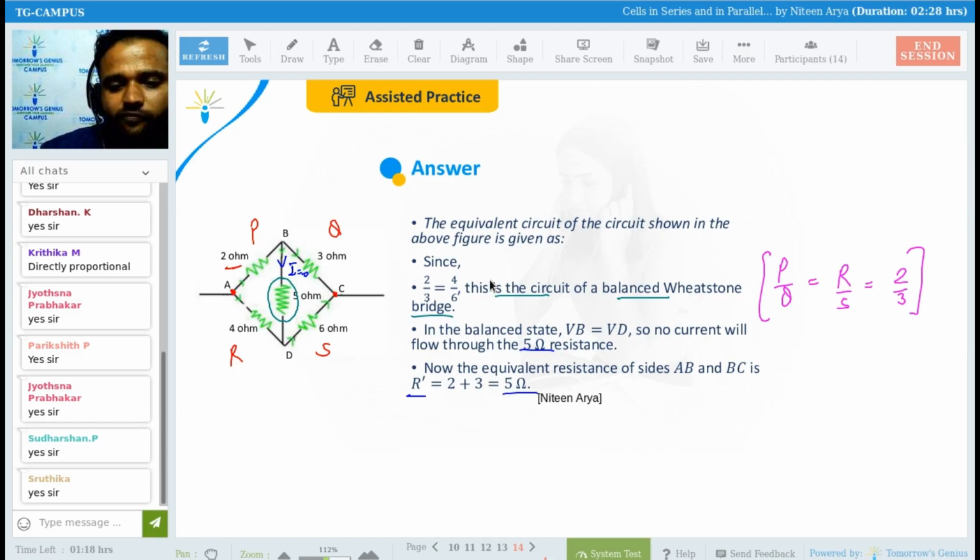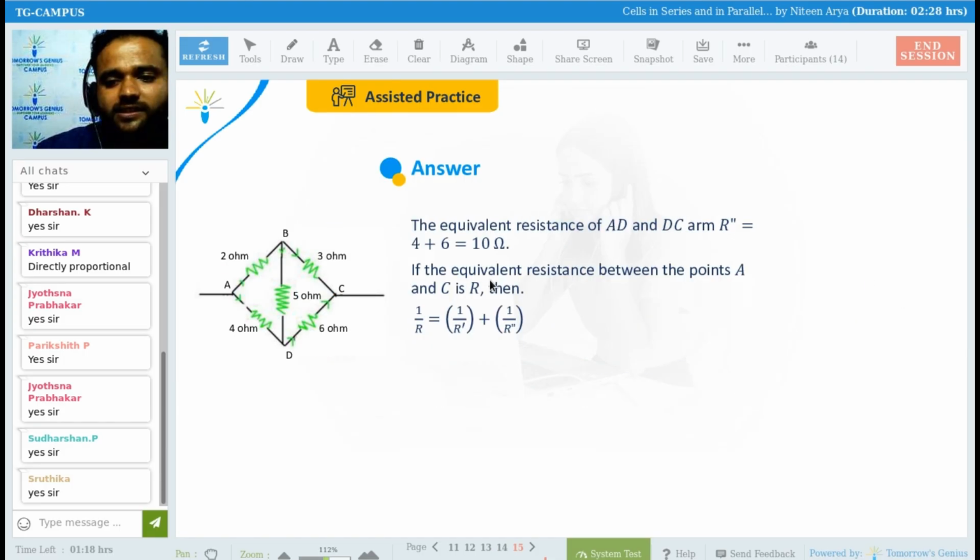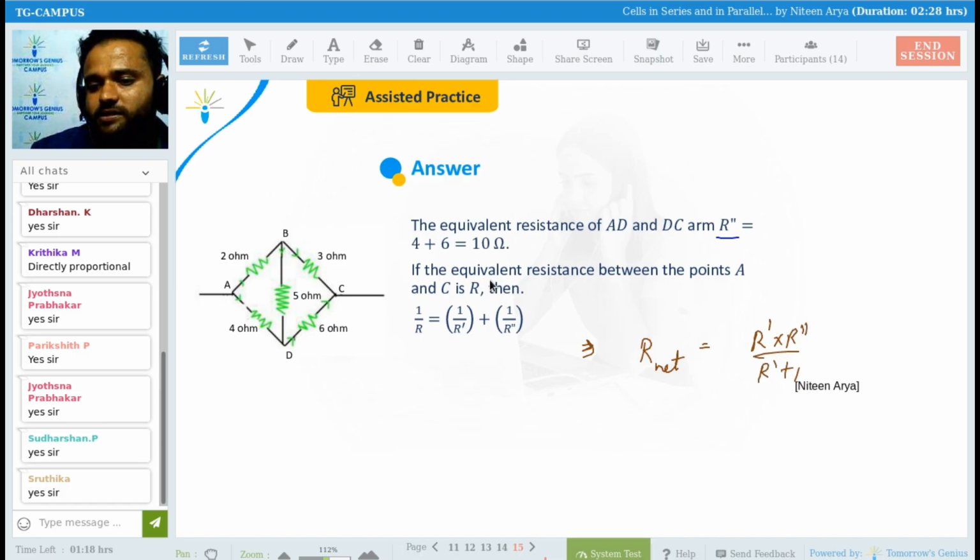Now, the equivalent resistance R prime is 5 ohm. This R double prime is 4 plus 6, 10 ohm. And R prime and R double prime are in parallel. So you can directly use R net equals R prime into R double prime divided by R prime plus R double prime.